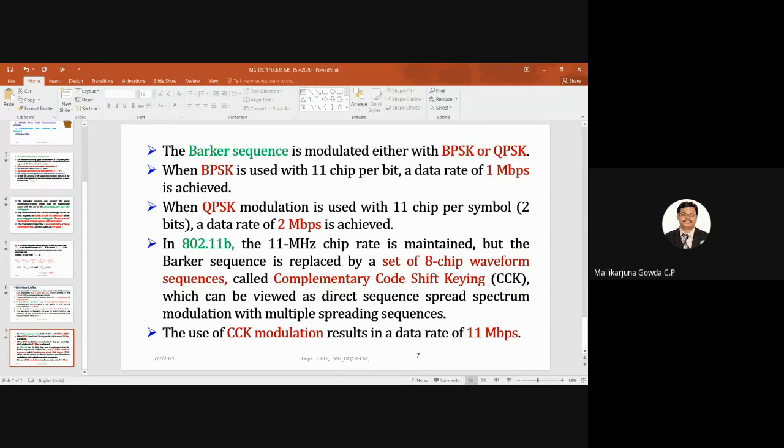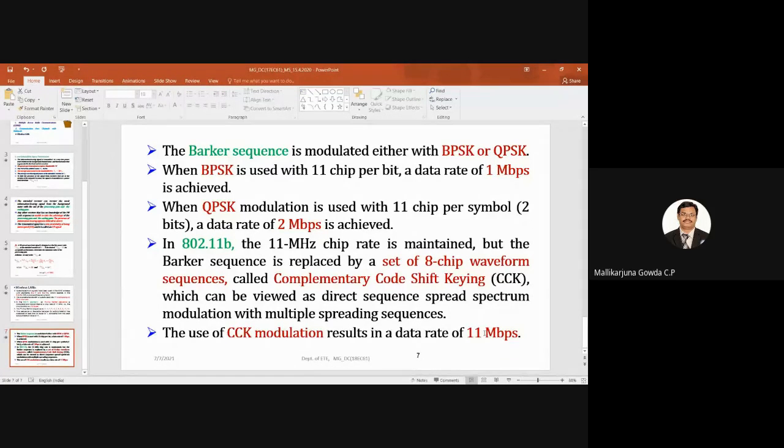These are known as complementary code shift keying, we call that CCK. It can be viewed as direct sequence spread spectrum modulation with multiple spreading sequences. With the use of CCK, it is possible to achieve a data rate of 11 Mbps.